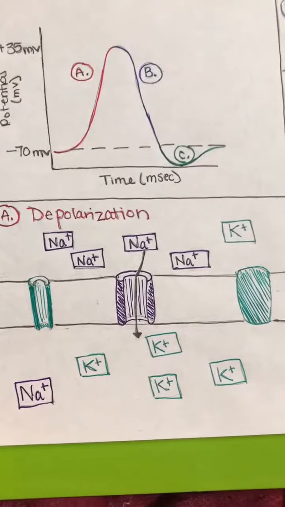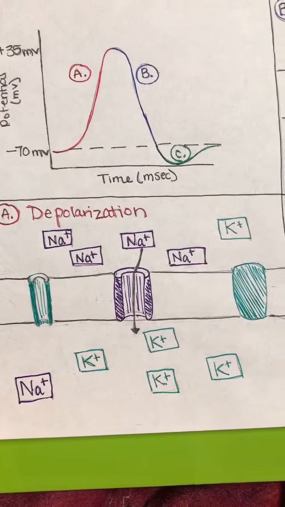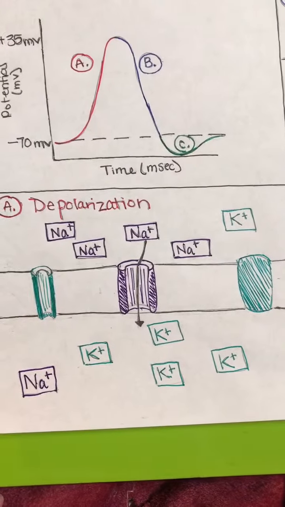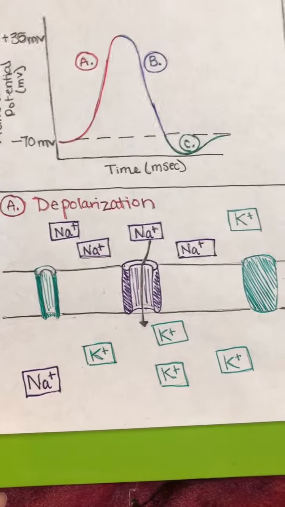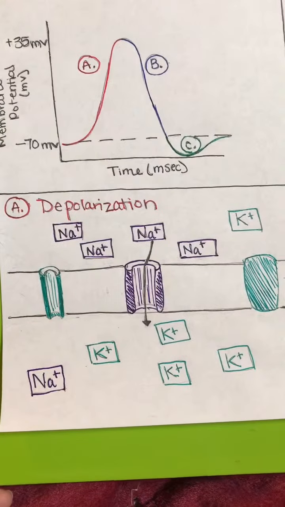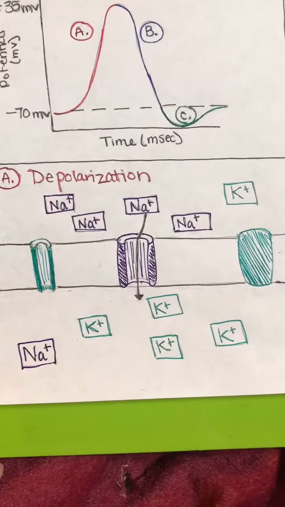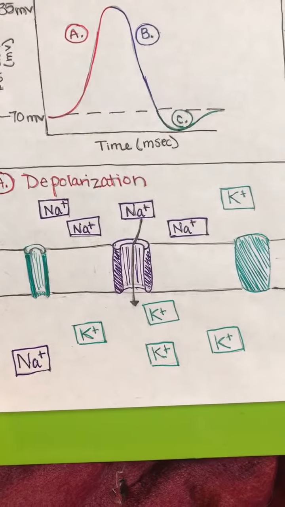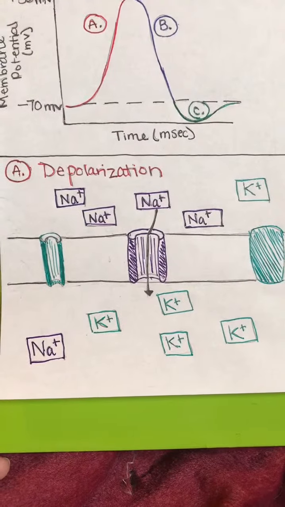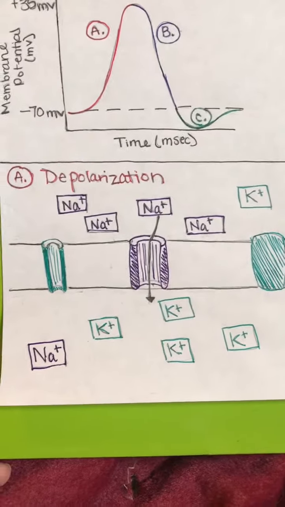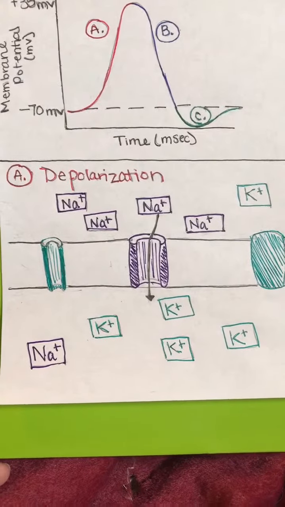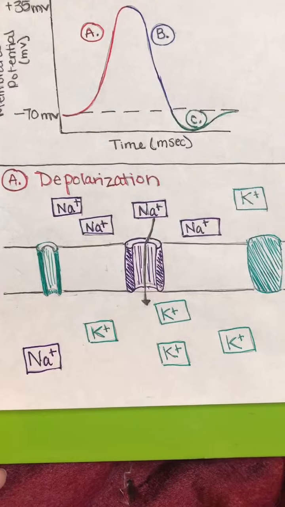So this is a portion of the membrane of a neuron, and I have 3 different channels shown here, and the ion gradients drawn in. Before depolarization occurs, there are more sodium ions on the outside as compared to the inside, and there are more potassium ions on the inside than the outside of the membrane.